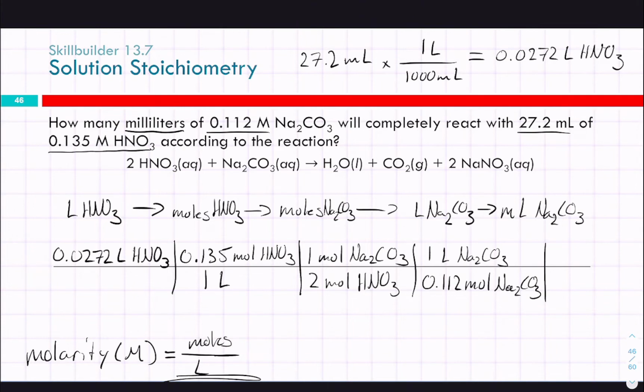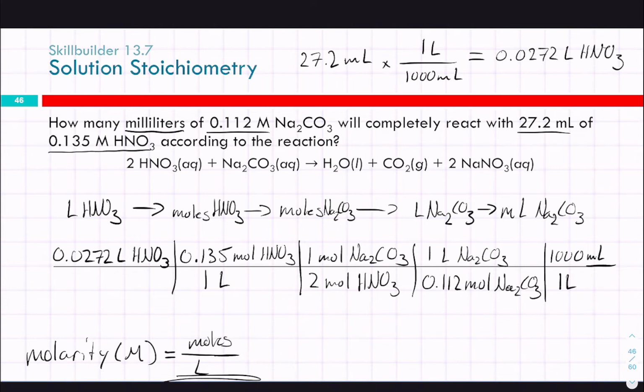And then we just need to convert from liters to milliliters. And now we can just multiply across the top and divide by the bottom.